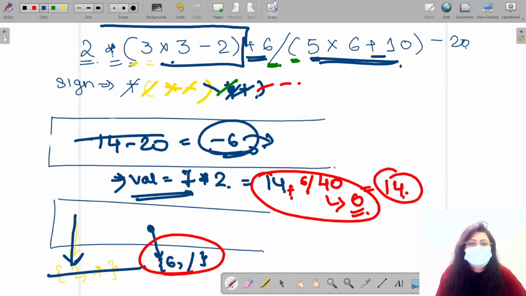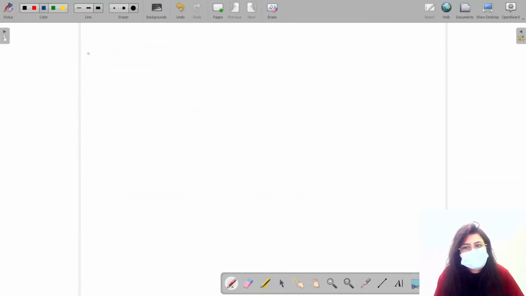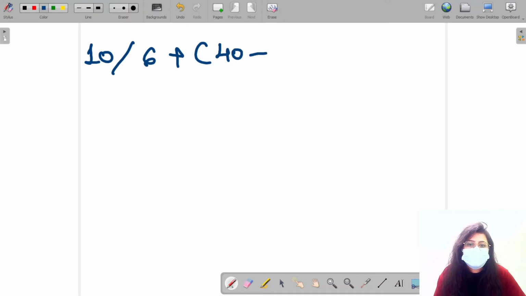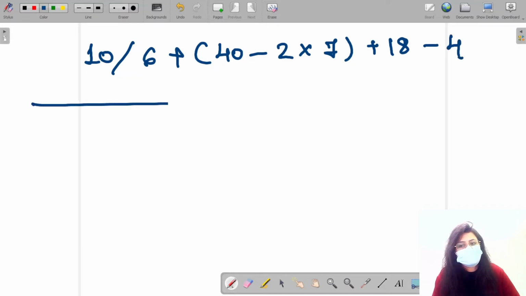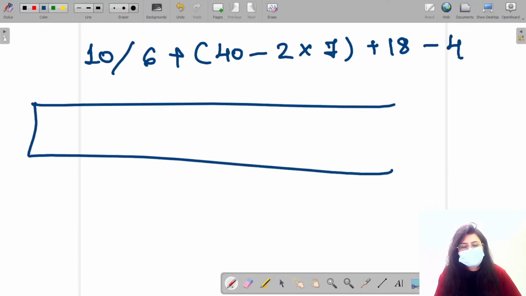Again, let's see for another test case. We have 10 divided by 6 plus 40 minus 2 into 7 plus 18 minus 4, right? We'll make a stack.